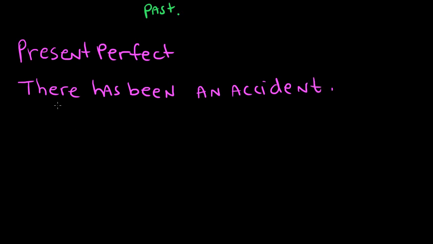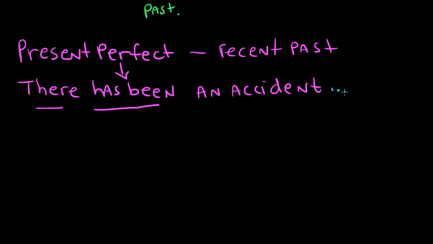Here we use there and has been, the present perfect, to talk about something that happened in the recent past. It's different than saying there was an accident. There has been an accident refers to the recent past.